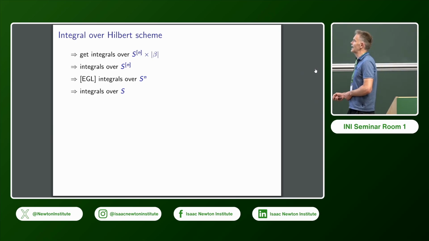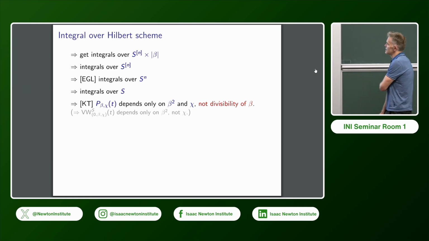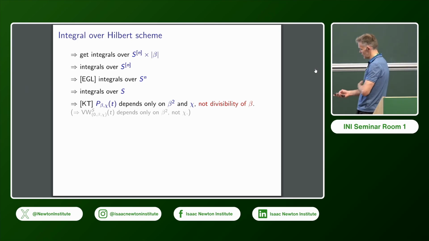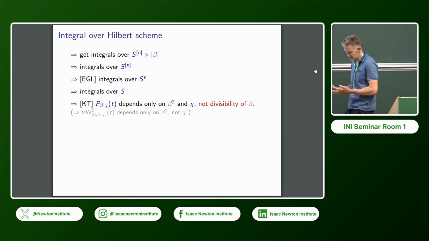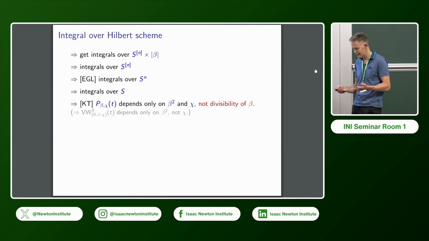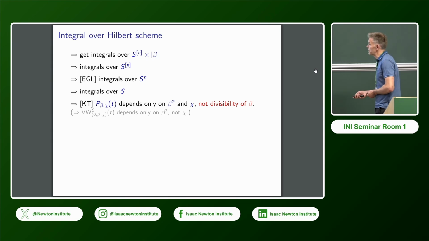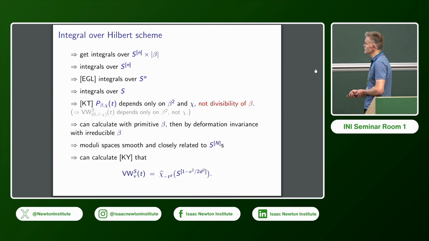And so finally you get integrals over the surface. And so what you find is that the answer depends only on these integrals, these intersection numbers, not the divisibility of beta. And so this is basically equivalent to this chi independence conjecture of Joyce and Toda that lots of people work on.